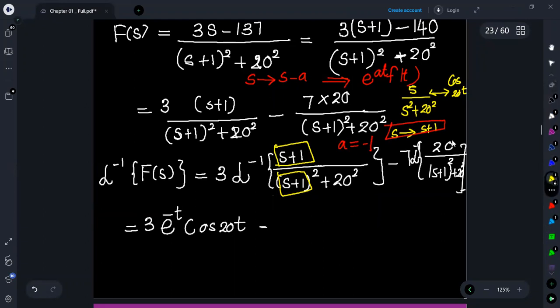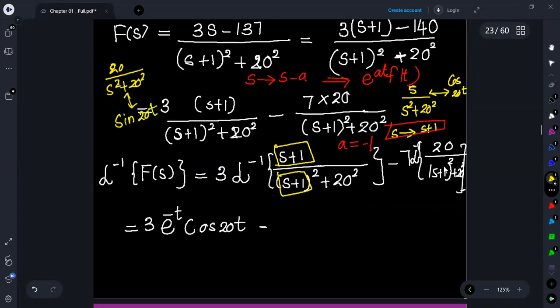If we consider this side, we can see that if we have 20 over s squared plus 20 squared, then the respective inverse Laplace transform is sine 20t.